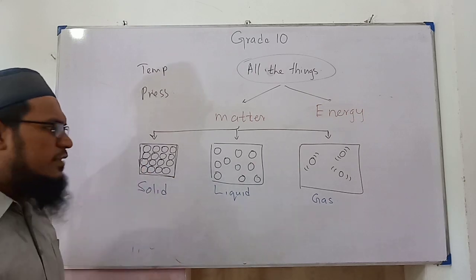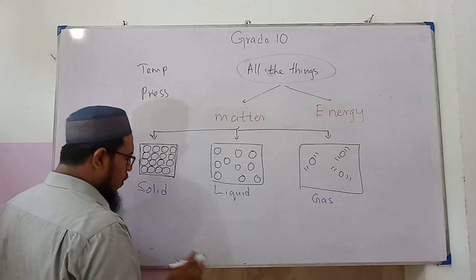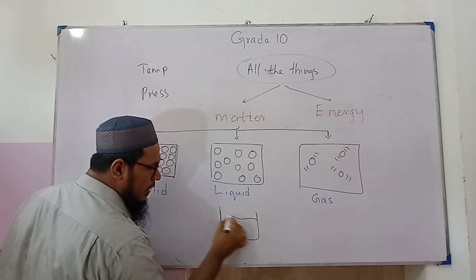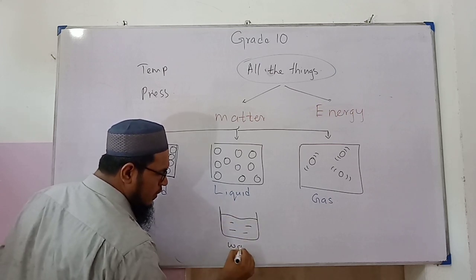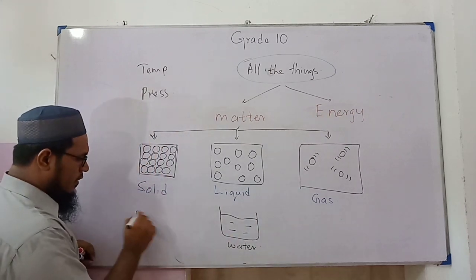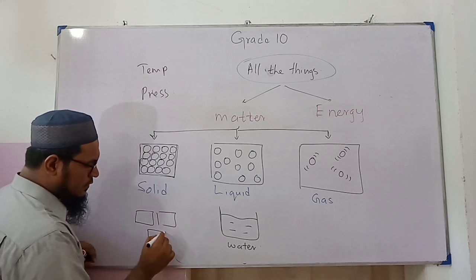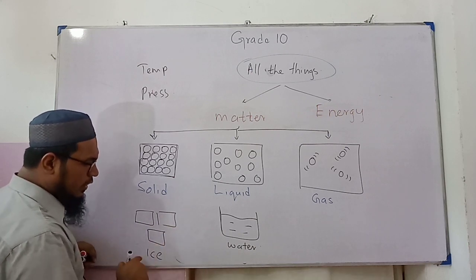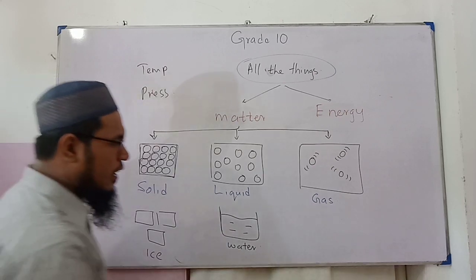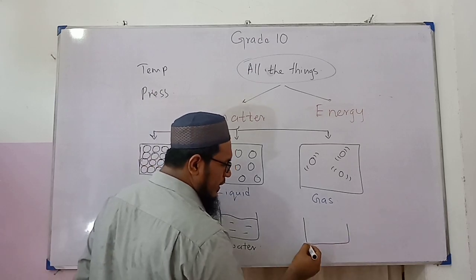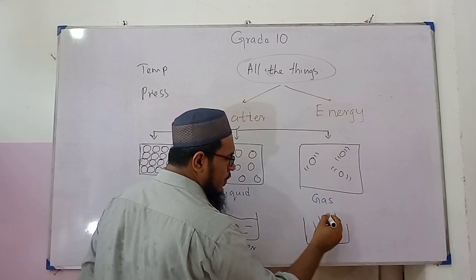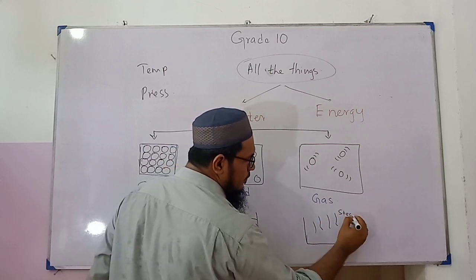The best example is water. Water at room temperature is liquid. You can pour it into a glass. It is called water. If you freeze the water, it forms ice cubes. So ice is the solid state of water. Water is the liquid state, and once you heat it, it turns into vapor, water vapor or steam.